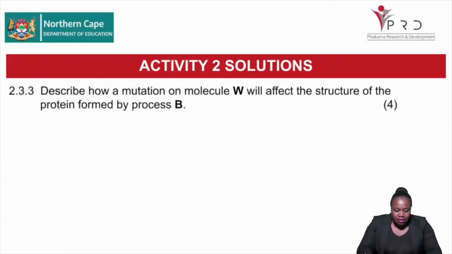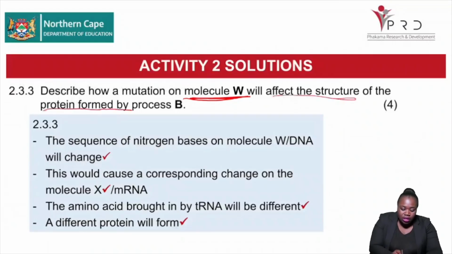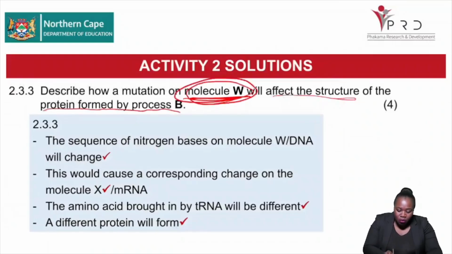2.3.3, it says, describe how a mutation on molecule W will affect the structure of the protein formed by process B. So how will the mutation that could take place on the DNA molecule affect the structure of the protein that is formed by process B? If there's any change in the DNA molecule, it means that the protein formed is going to be different.